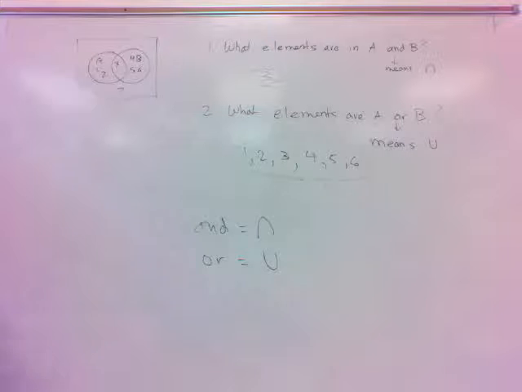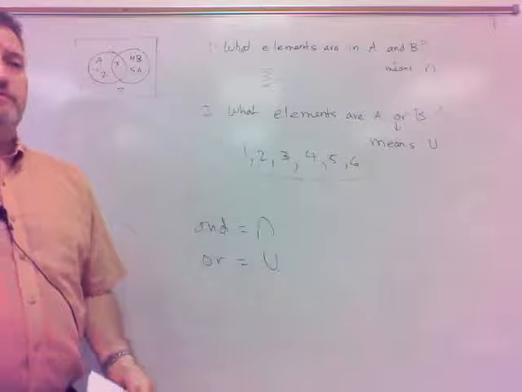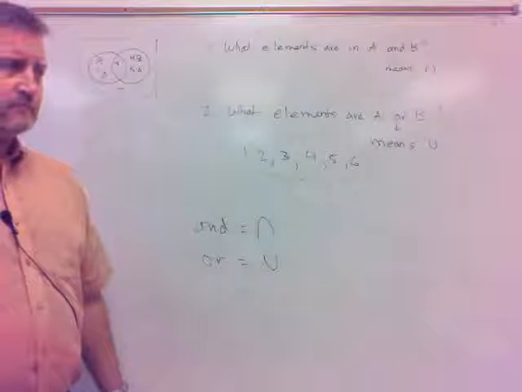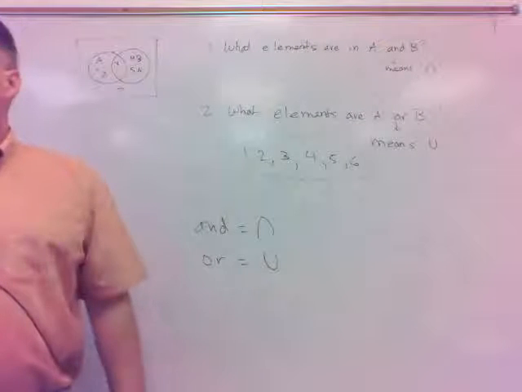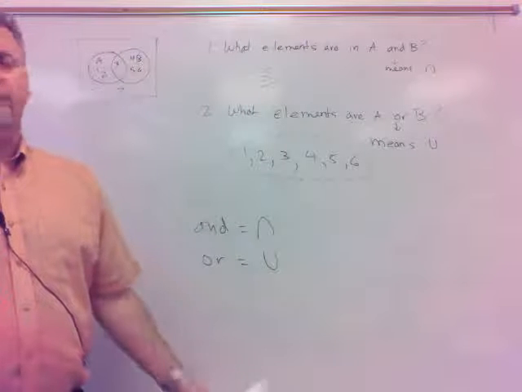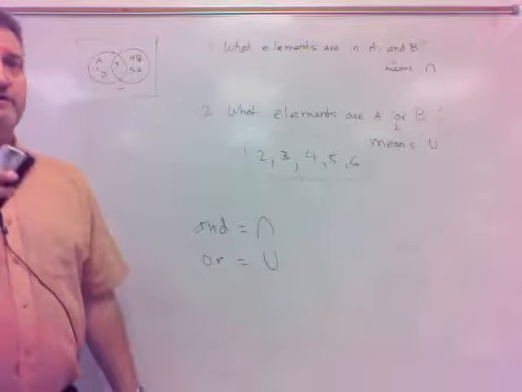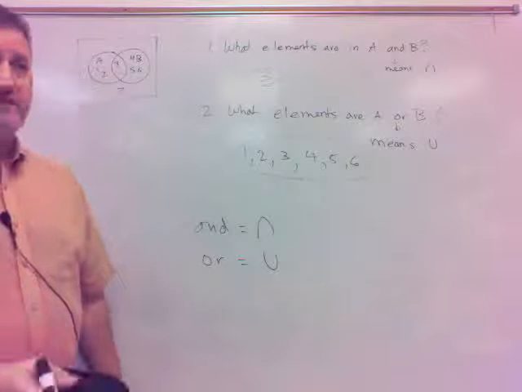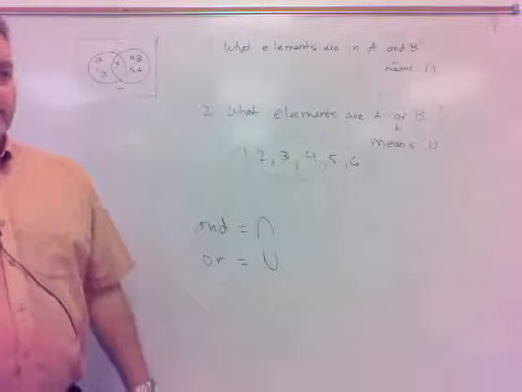Okay? So how would you say the or can be in either one? If I ask you, are you in a math class or a science class in the fall semester? Well, you would answer yes if you were in a math class, right? Maybe you weren't in a science class.